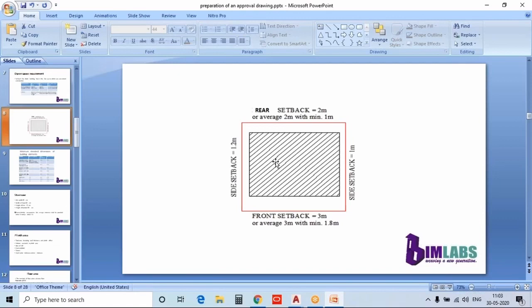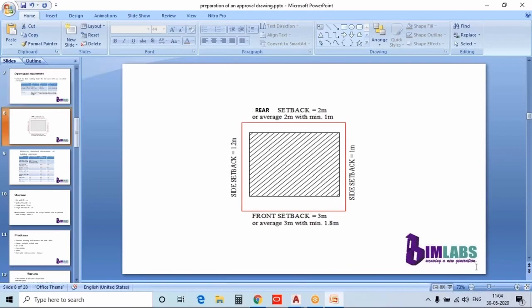According to Kerala municipality building rules, the setback is the limit up to which you can extend your construction. So you have to make a front setback of 3 meters, a rear setback of 2 meters, and side setbacks of 1.2 meters and 1 meter while planning a residential building.